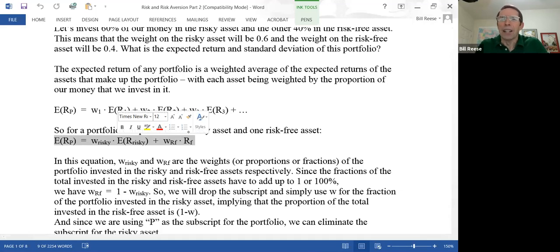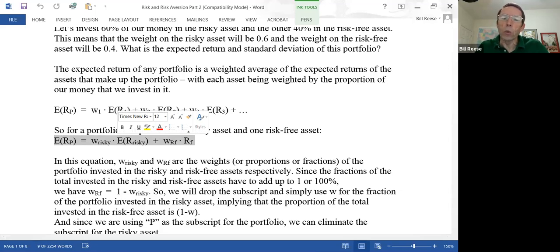We typically don't say expected return on the risk-free asset because it's a known return. There's only one thing that can happen with it. Remember, our definition of risk is anytime more things can happen than will happen. With the risk-free asset, there's only one thing that can happen, and that is what will happen.